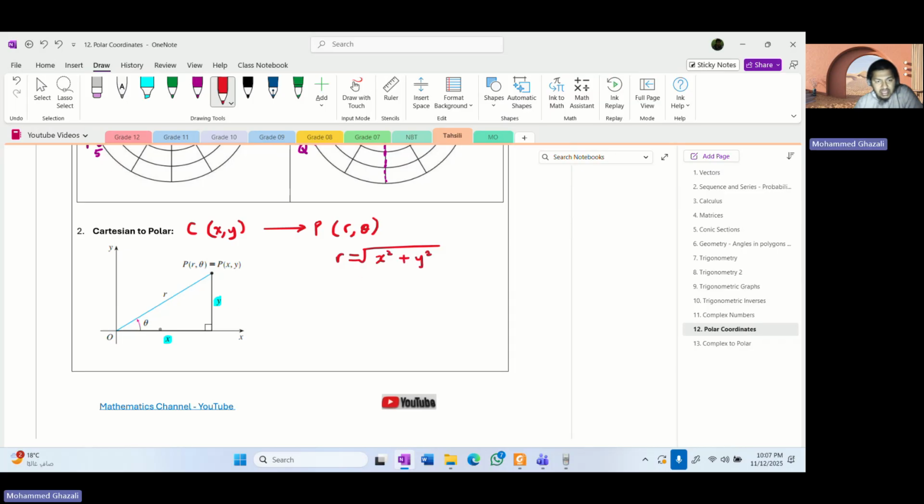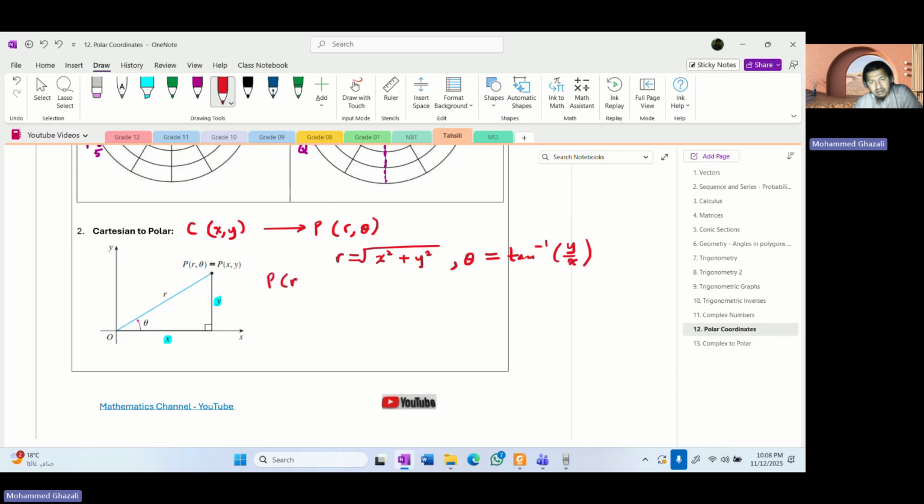And how do I find theta with x and y? Very simple. Theta equals tan inverse of y over x. Or you can say tan theta equals y over x. That's how you convert from Cartesian x and y to polar radius and theta.